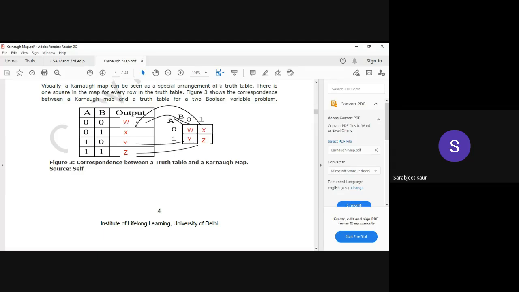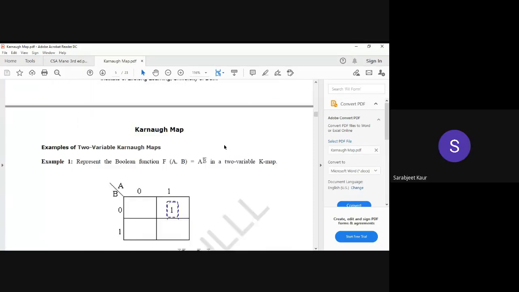Since the truth table contains one row for every minterm, the Karnaugh map also contains one square for every minterm, resulting in a total of 2 raised to the power of n squares. Any problem up till now? No, ma'am.